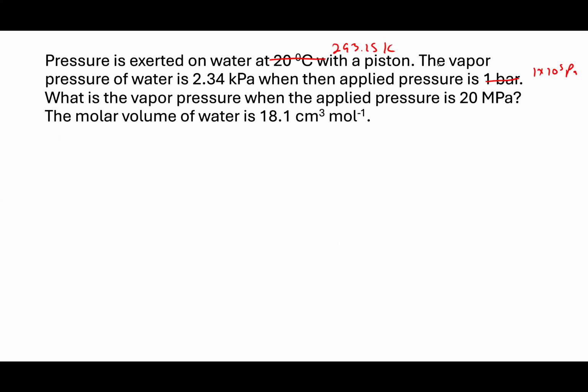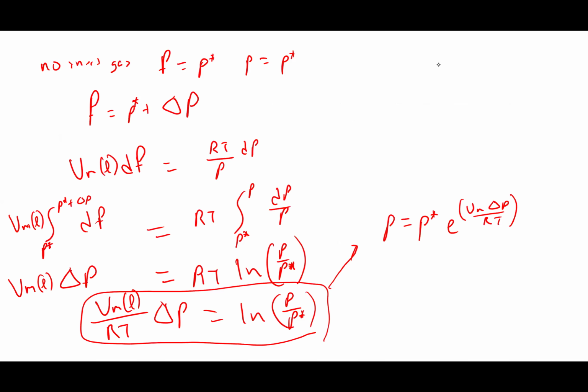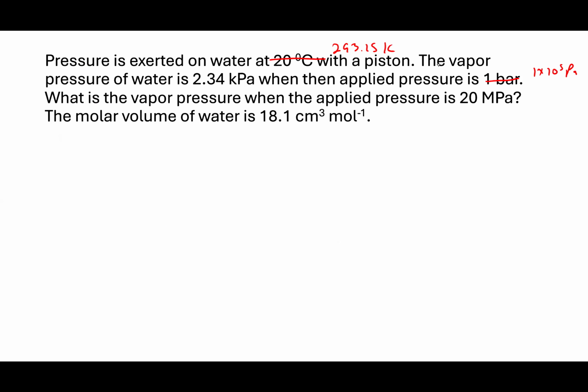And then for our molar volume, one thing you have to keep in mind is that we're going to be using R here, which means that our molar volume needs to be in cubic meters instead of cubic centimeters. So if I take 18.1 centimeters cubed per mole and change it to meters, you're going to divide by 100, divided by another 100, divided by another 100.